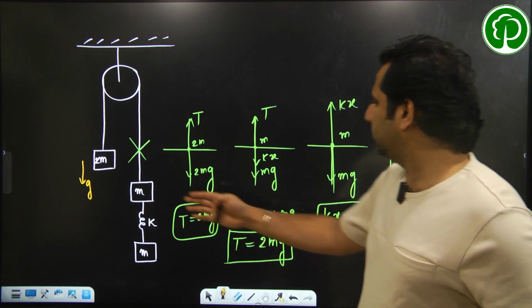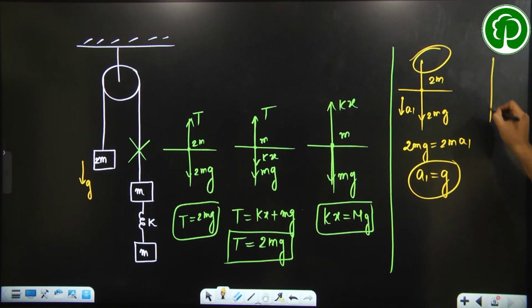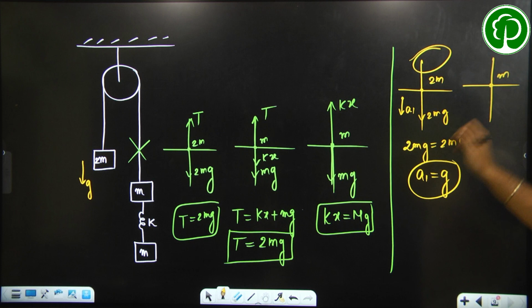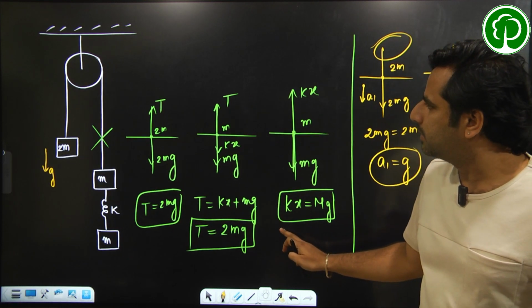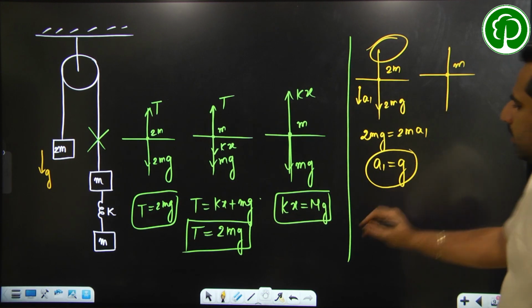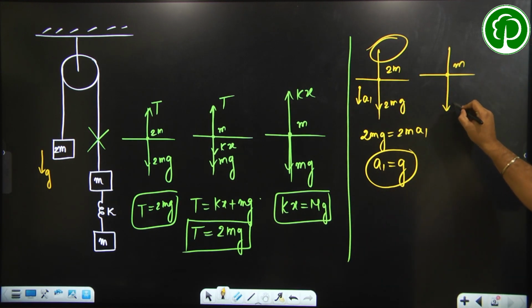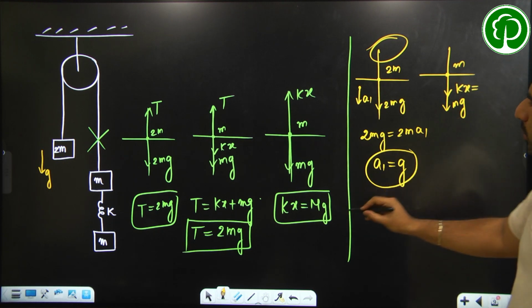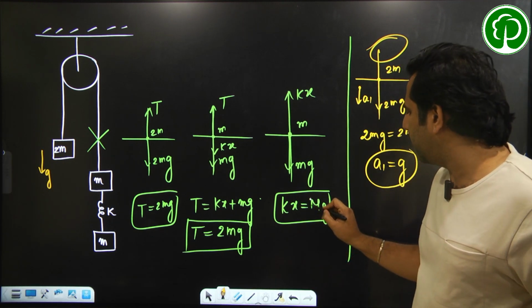Now consider the other block m. If you consider this m, let me move this to this side. So it has got mg down and kx, which is equal to mg.